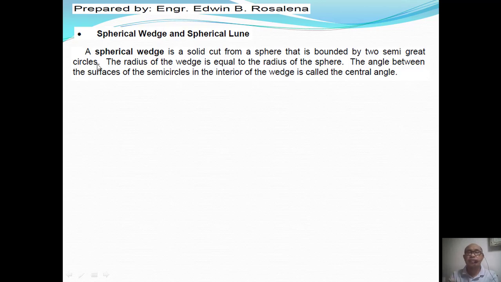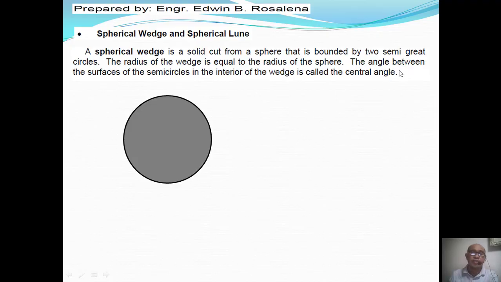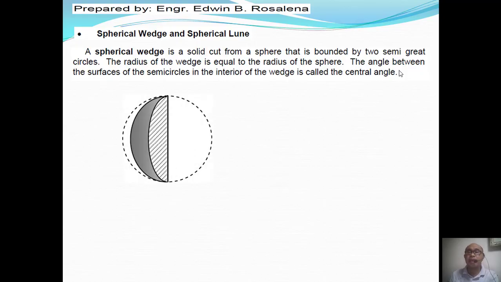The radius of the wedge is equal to the radius of the sphere. The angle between the surfaces of the semicircles in the interior of the wedge is called the central angle. So we have here a sphere, and if we cut a solid which is bounded by two semi-great circles.